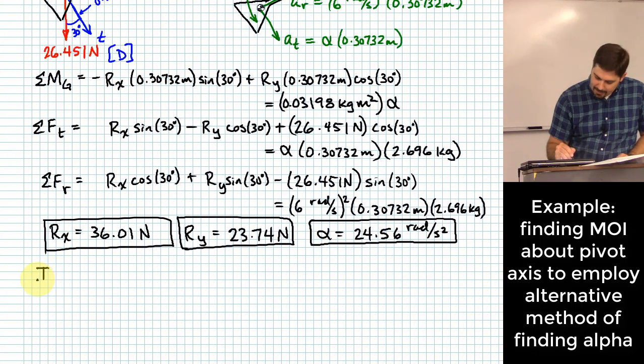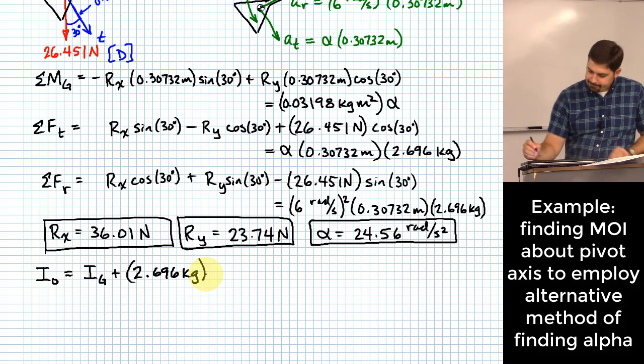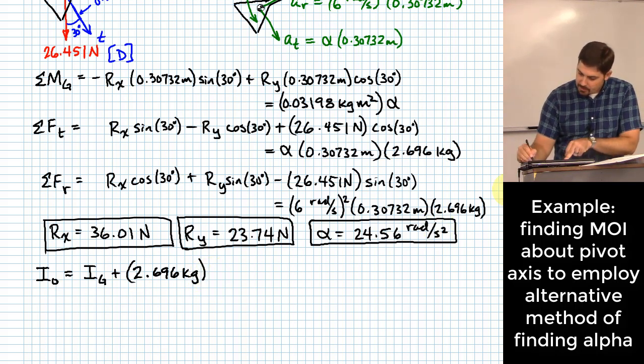Let me call this I about O. I about O is equal to the moment of inertia about the CG plus the mass of the whole thing, right, times the distance between those two axes.